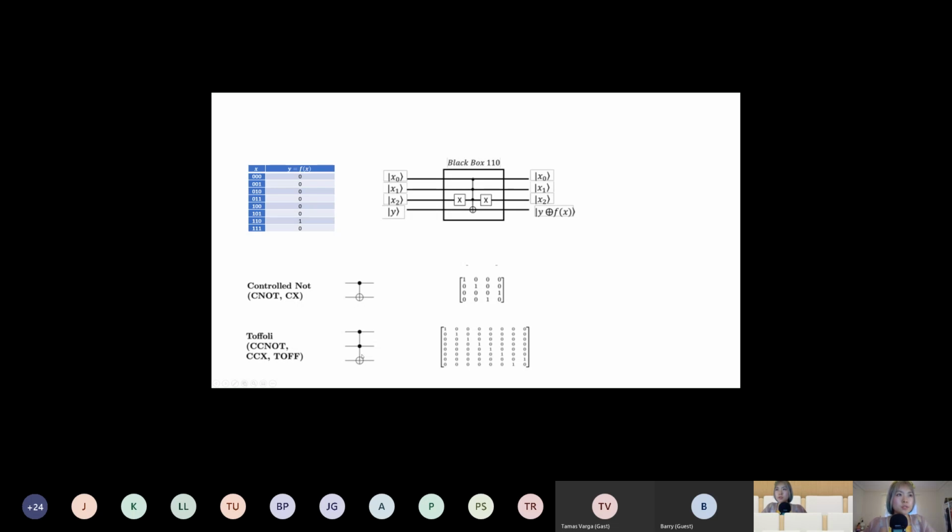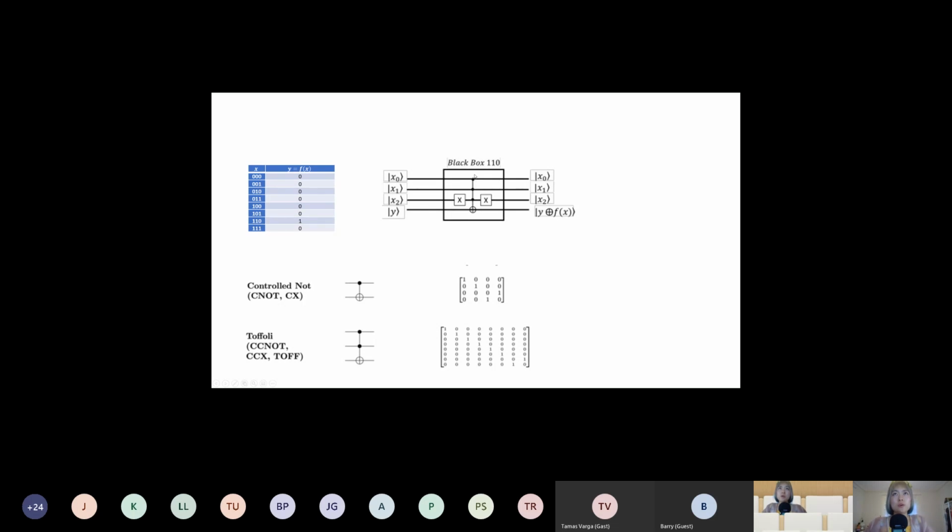If you have 3 qubits, this is called a CCNOT. It is also called a Toffoli gate. It has the first 2 qubits being the control and the last one being the target. Again, you can only flip the last one when the first 2 are both ones. Now if you have more qubits, you just add more control bits.